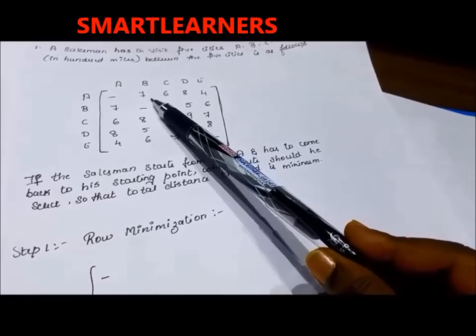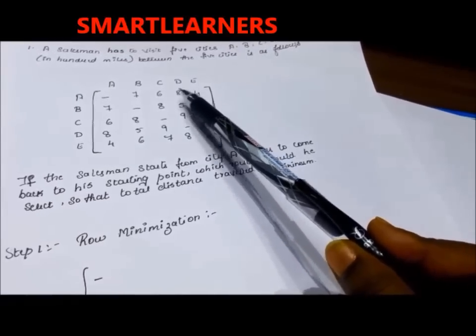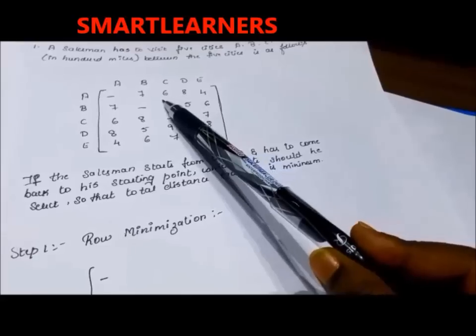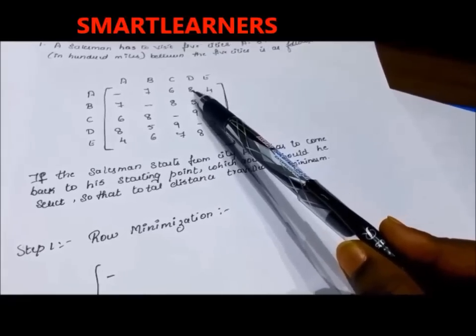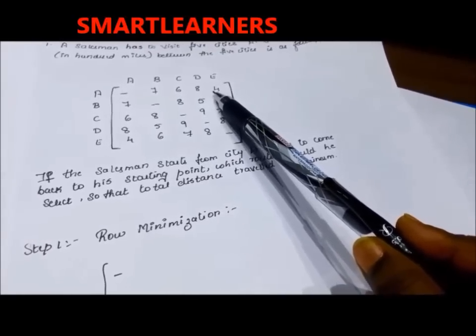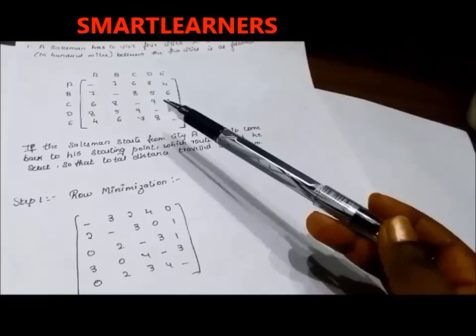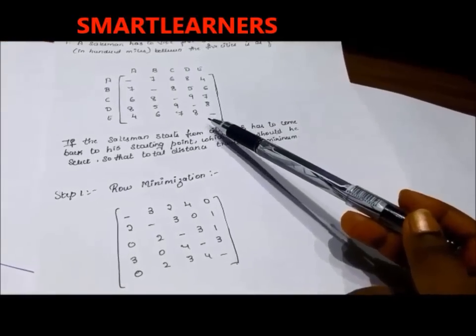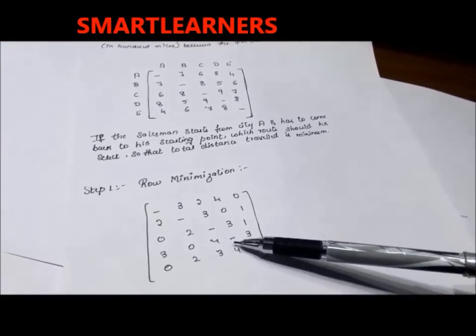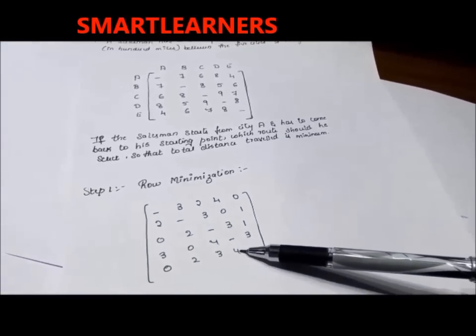Going ahead with B, 7 minus 4 will give you 3, 6 minus 4 will give you 2, 8 minus 4 will give you 4 and 4 minus 4 will give you 0. This is our initial matrix which was given. This is the matrix which we obtain after row minimization.